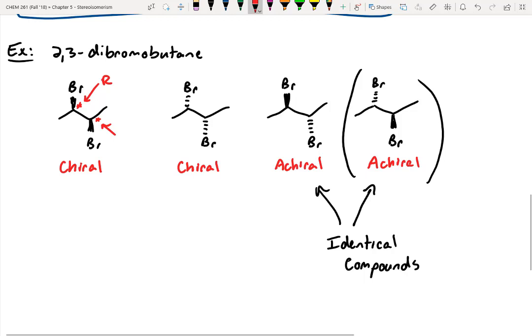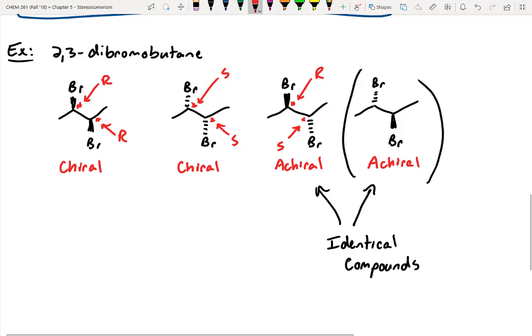Bromine would be the highest priority, followed by the carbon on the left, followed by the methyl group. So I'd say that's going clockwise. This should also be R. What about this stereocenter? S. What about this one? S. What about this one? R. And this one must be an S. Okay, so we've got our 3 possible isomers.